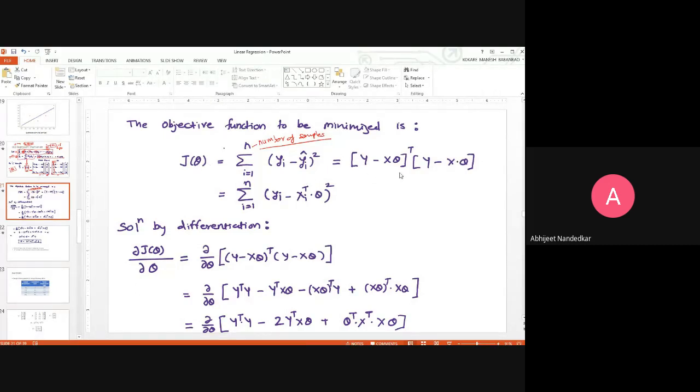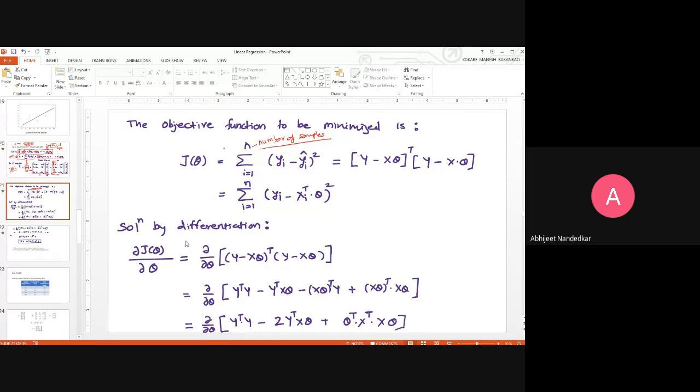Okay, so this we will use in the next step. Up to this, is it fine? It is just matrix or vector multiplication. So this is actually the norm square of a vector. So I want to minimize this J theta defined like this.